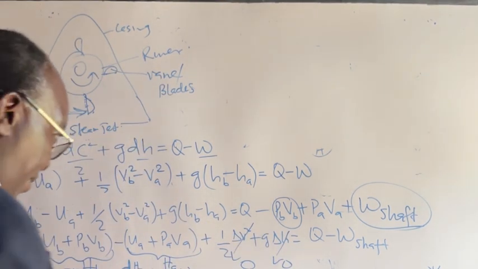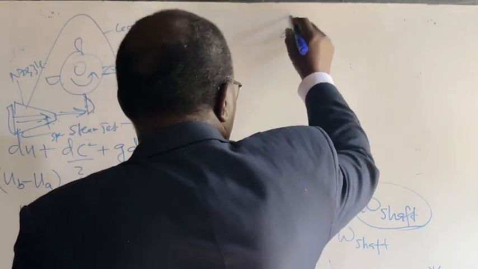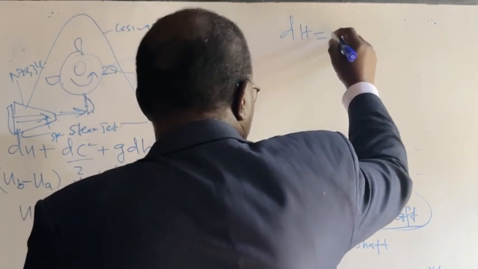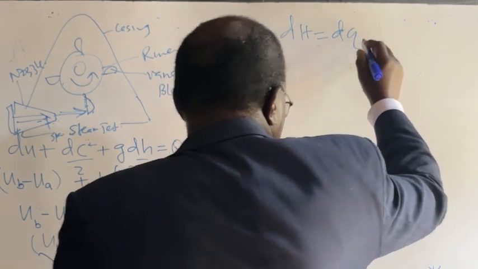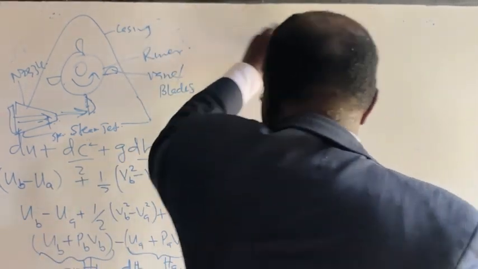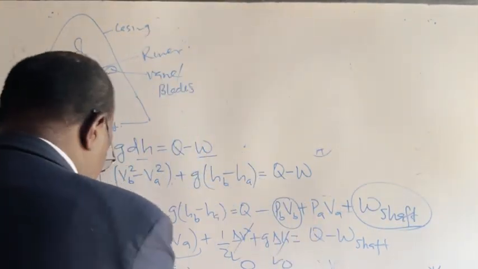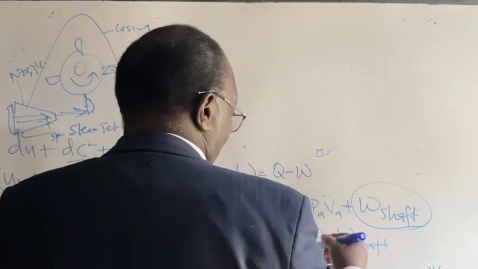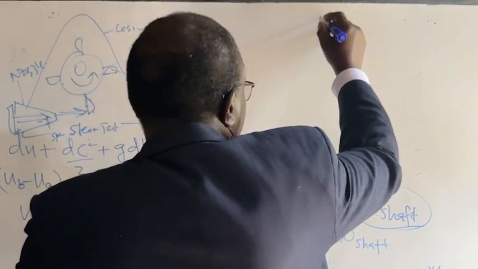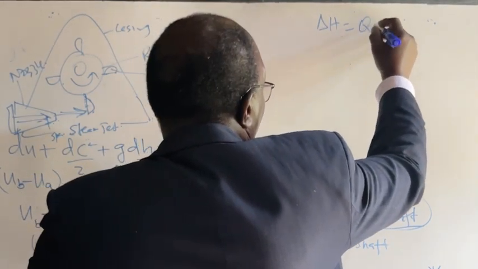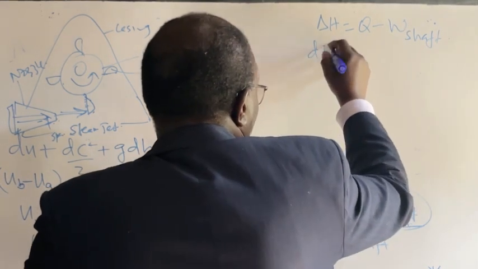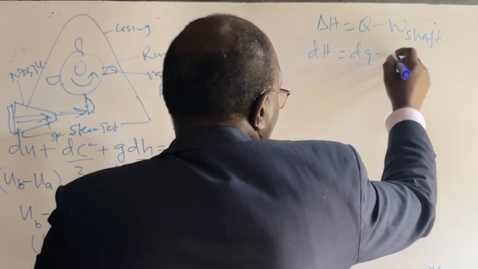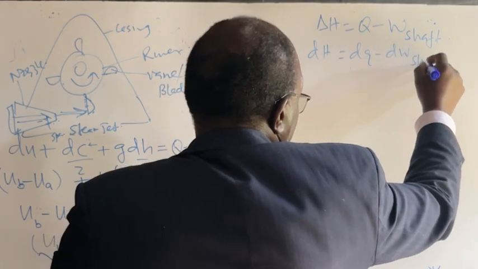So then we have dH is equals to, in the infinitesimal notation, dq. Let's go to measurable quantities, so that you're able to work with Q and W. Let's just say delta H, therefore, is equals to Q minus W shaft. Or in the infinitesimal notation, dH is equals to dQ minus dW shaft.